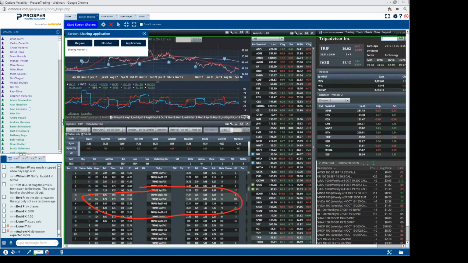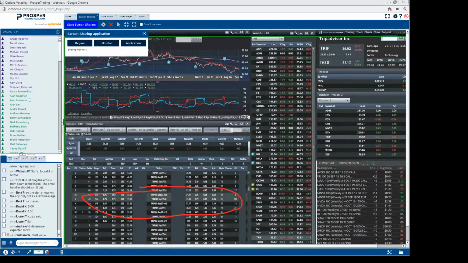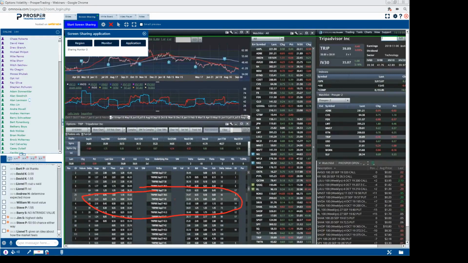Okay. Well, what is so unique about at-the-money options? I wouldn't say most value, but at-the-money options are completely made up of all premium.